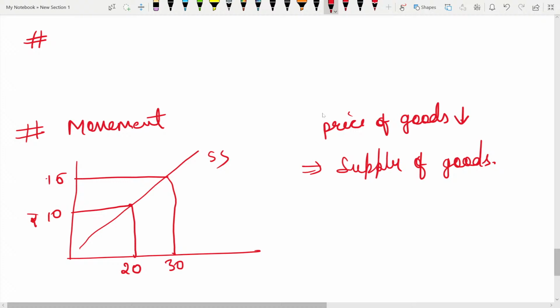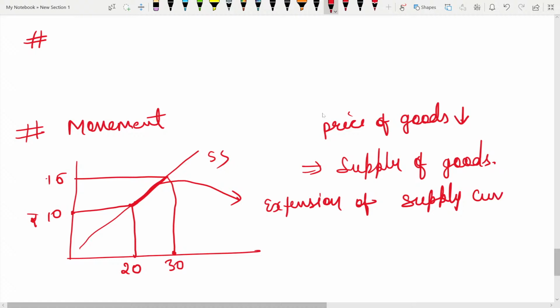At 10 rupees, 20 units of goods are supplied. As price goes up, the supply of goods also goes up. The supply is extended. This is what extension is. Therefore, this comes in extension of the supply curve.